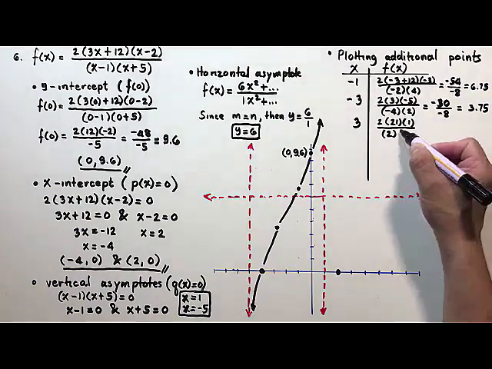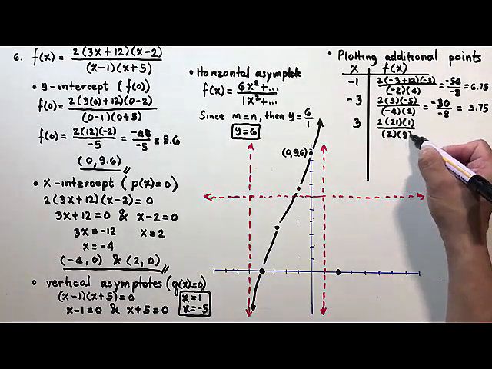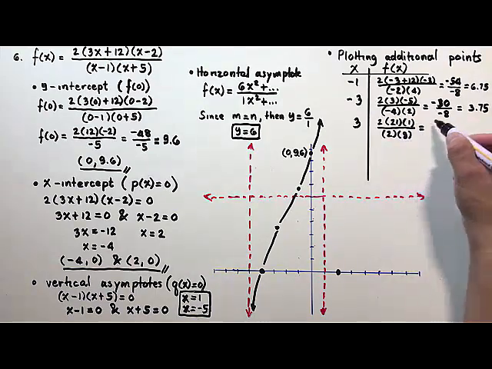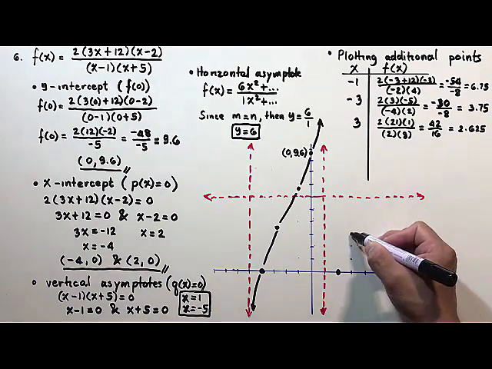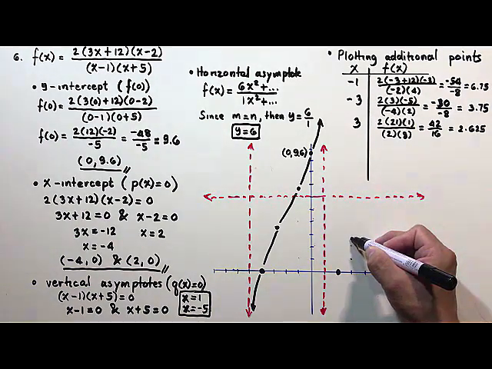And 3 plus 5 equals 8. So if you multiply, the numerator is 42 over 16. If you have your calculator, that is equal to 2.625. So plotting here, when your x is 3, 1, 2, 3, your y is 2.625. 1, 2, 3, but it's only 2.625, this one.